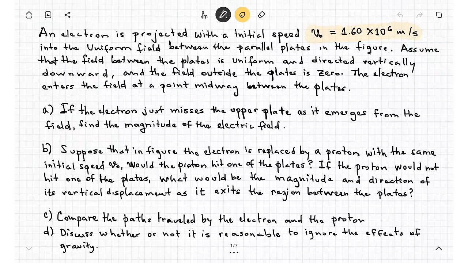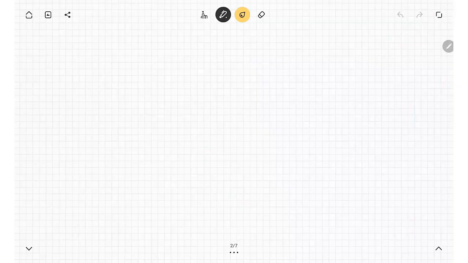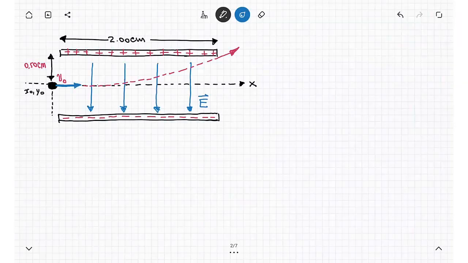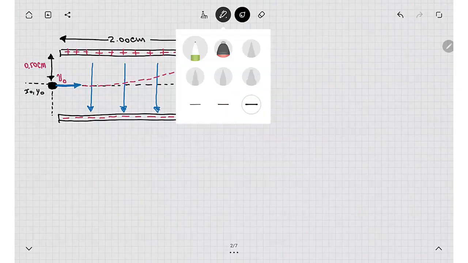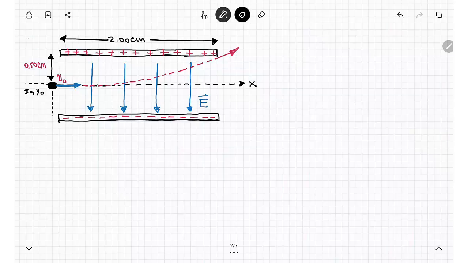Okay. Let's go and see the illustration of this problem, and we have something like this. Okay guys, we have here the figure where the electron enters the region between the plates.